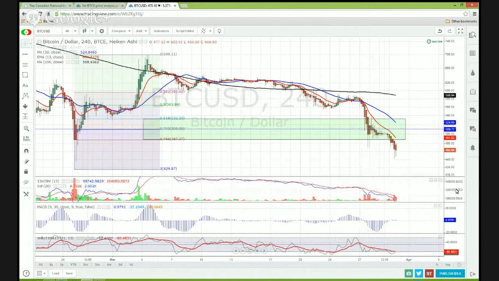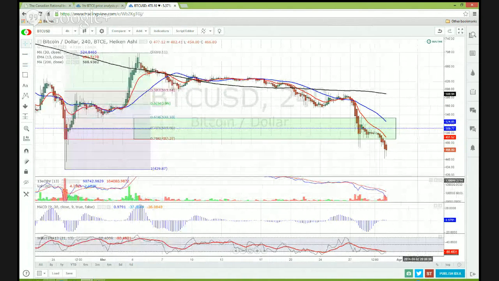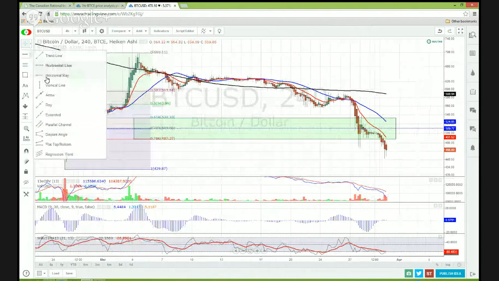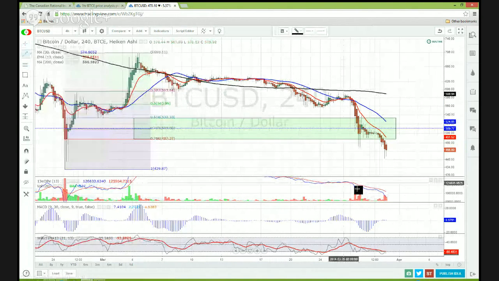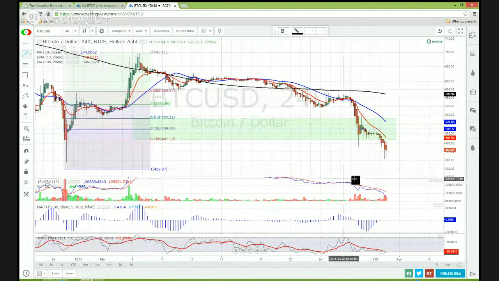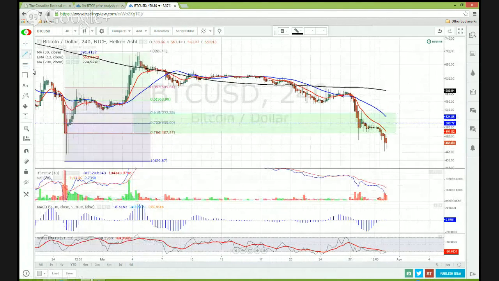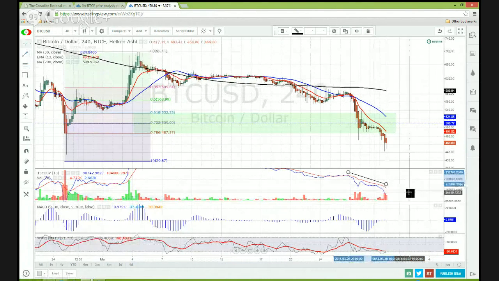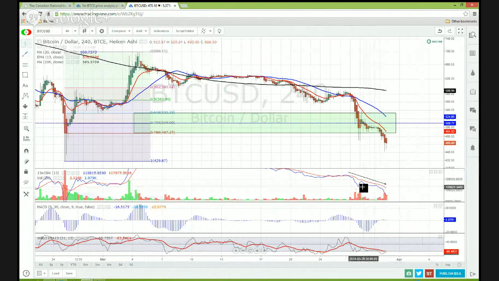When we look at the on-balance volume, which is my favorite indicator for judging money flow, we see that there is no bottom. It hasn't come in yet, and we've just broken to new lows. So we can't really justify looking for longs there.